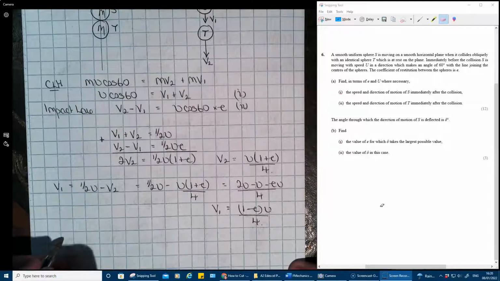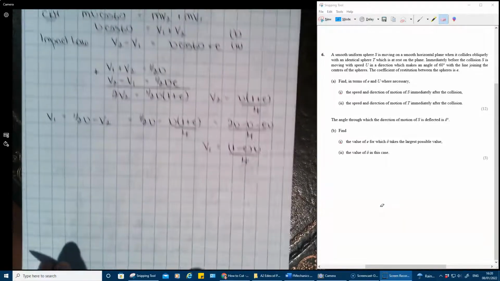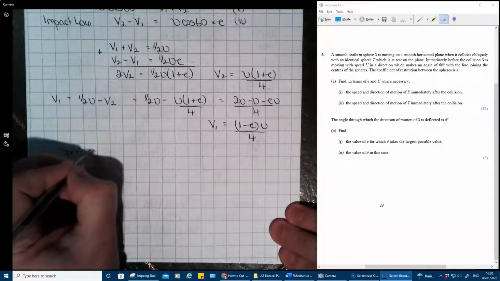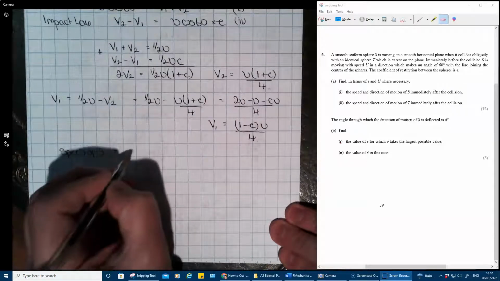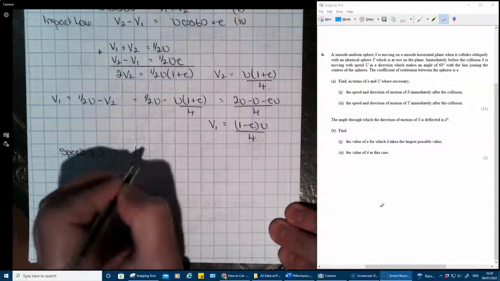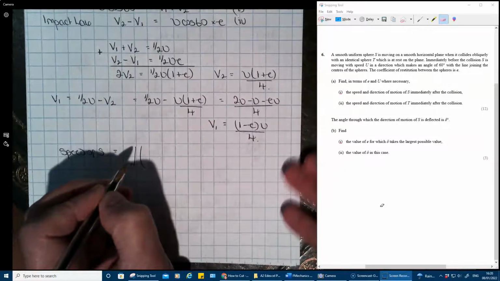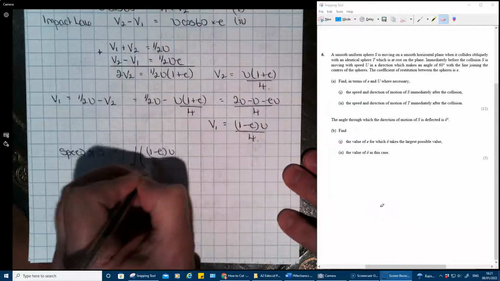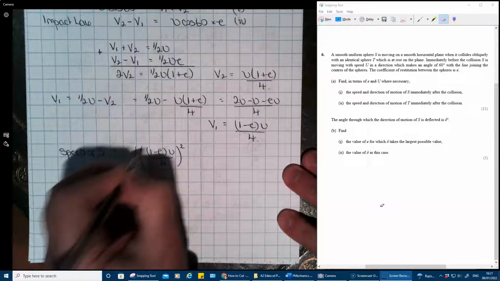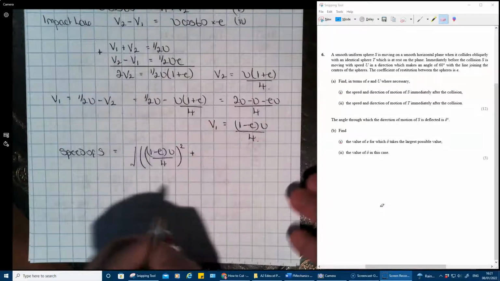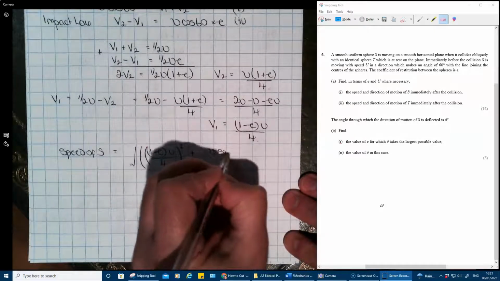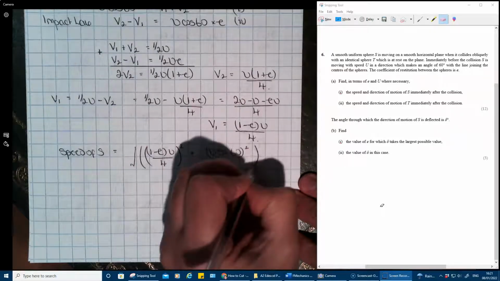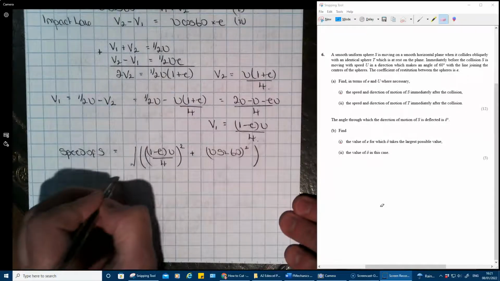So the speed of S here is, using Pythagoras, the square root of v1 squared, which is the direction in one way, plus the direction in the other direction, which is u sin 60 squared, two components, and we're going to square root it. Okay, now it's just a matter of a little bit of algebra.